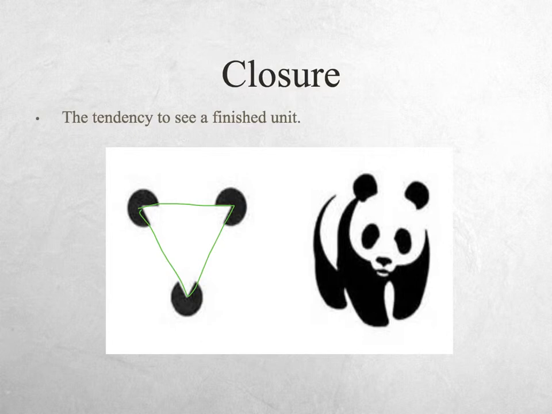And what do I see here? I see a panda bear, even though it's not closed, but I can make it closed, okay? So this is closure. This also pertains, oftentimes, to dots, those pictures of dots where we can see how it closes together.